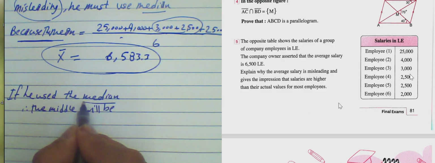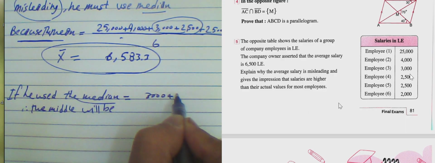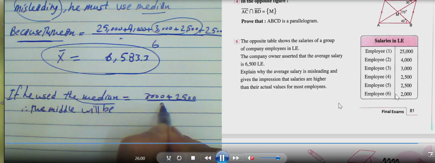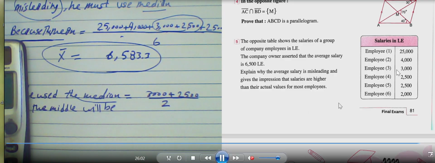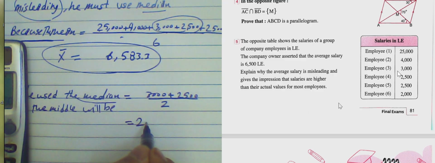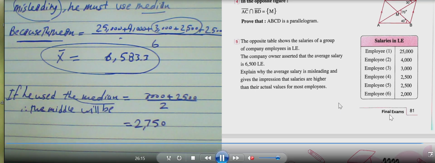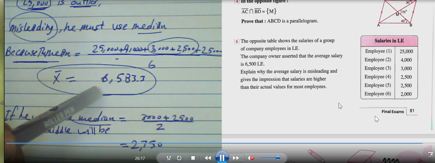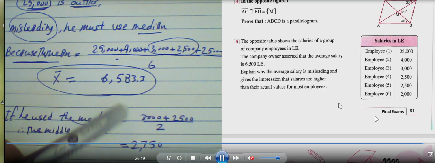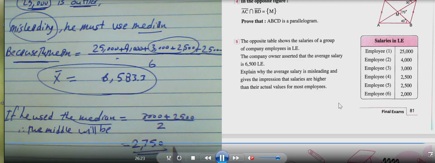But if he used the median, the middle will be 3,000 plus 2,500, where we choose the two numbers in the middle and divide by 2. 3,000 plus 2,500 divided by 2 will be 2,750 Egyptian lira. Then this is the actual value for most employees, 2,750.